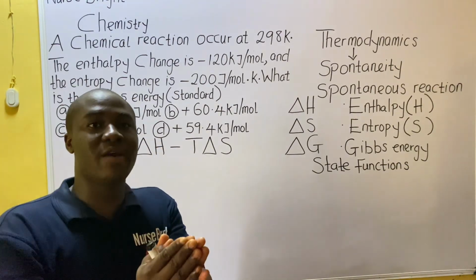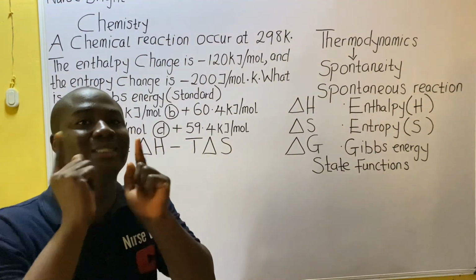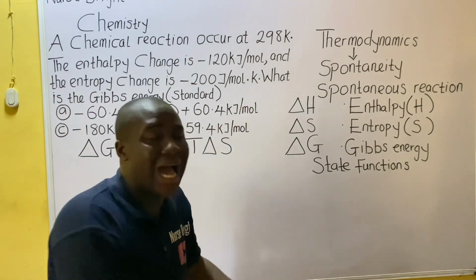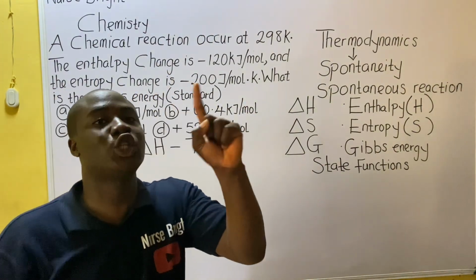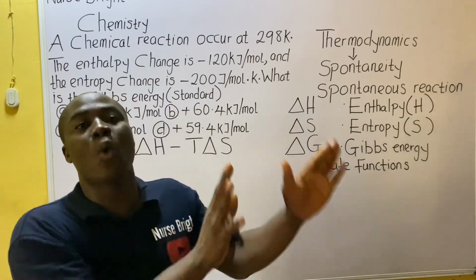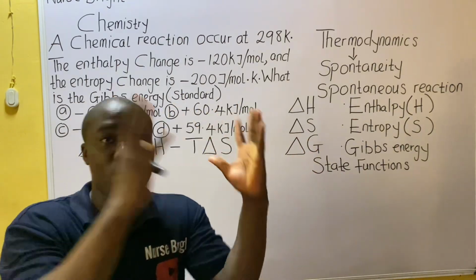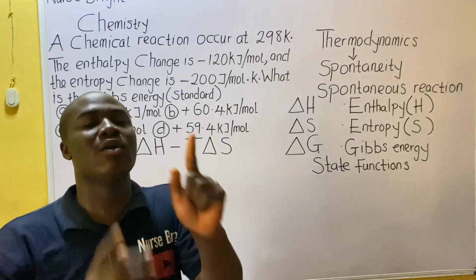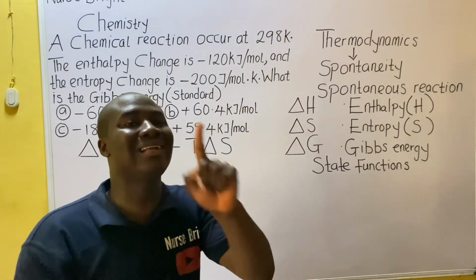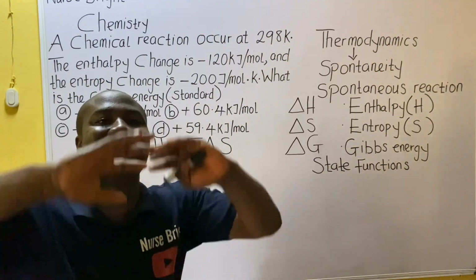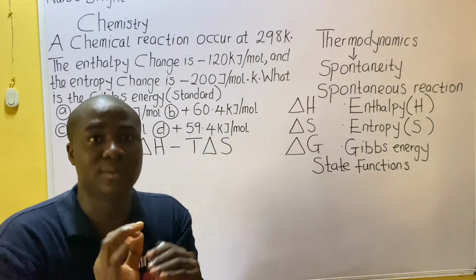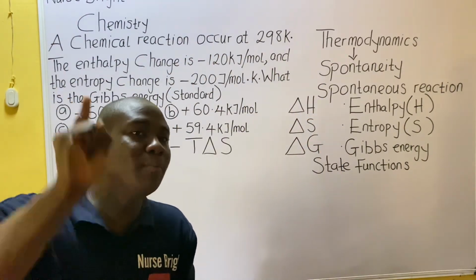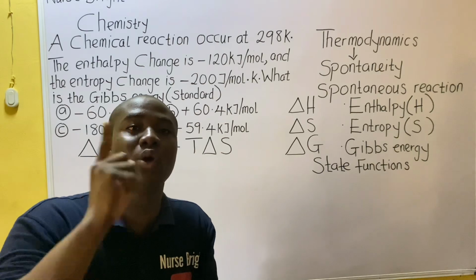One of the criteria to know that delta G is standard is when the temperature is 25 degrees Celsius, that's room temperature. Pressure is 1 atm, 1 atmospheric pressure, and the concentration is 1 molar, 1 capital letter M.